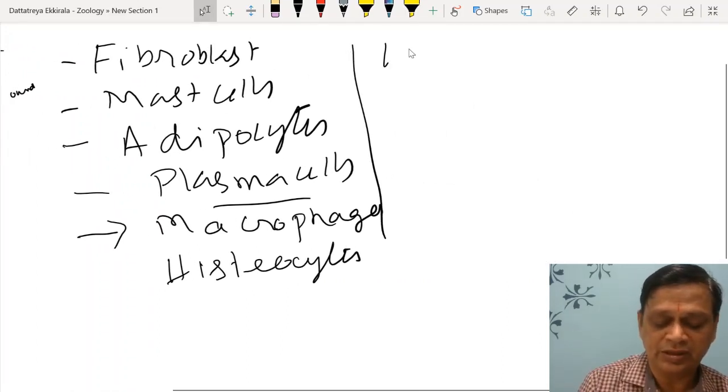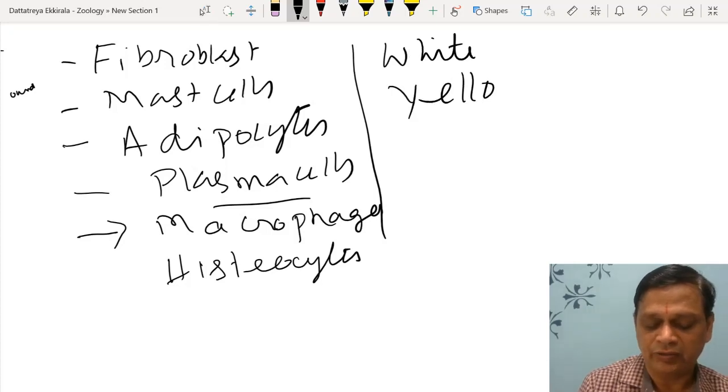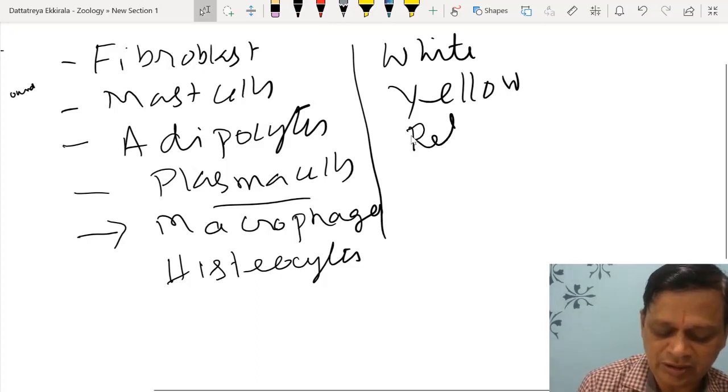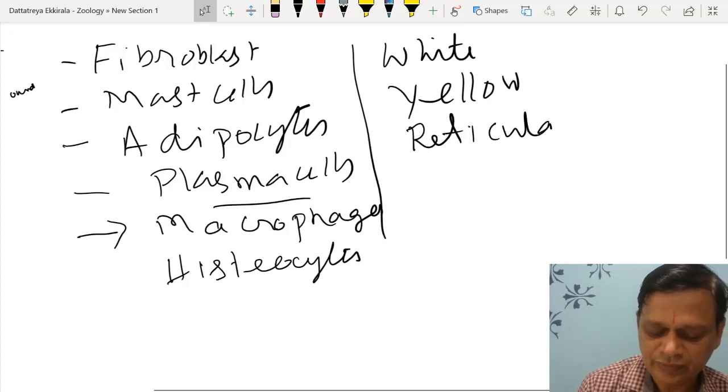The fibers include white fibers and yellow fibers. The white fibers are thick and fibrous and they give support, and yellow fibers are elastic and branched. Some variety are called reticular fibers.